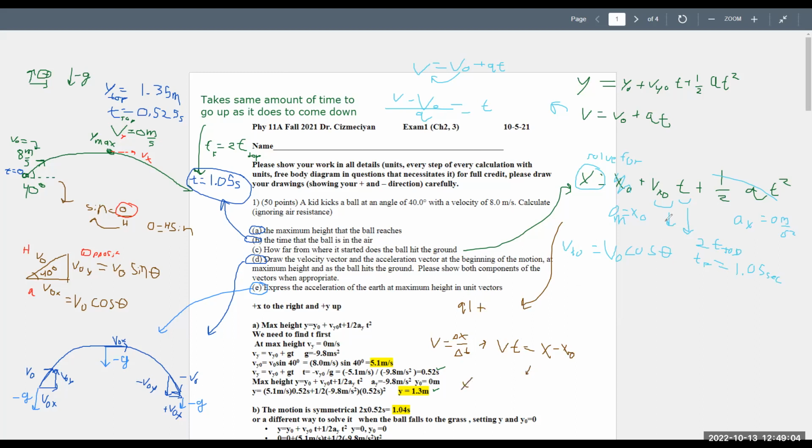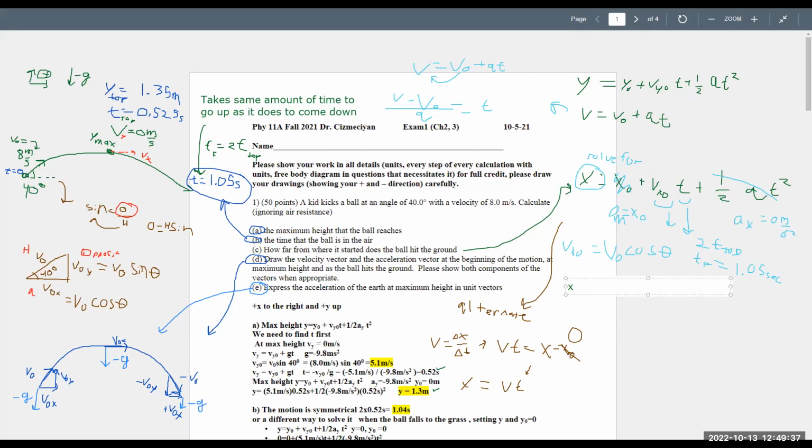But seeing as sometimes we do have an acceleration, it's usually better just to use the kinematics equation. Because remember, you derived that from this one, but the same kind of idea. This is assuming there's no acceleration.